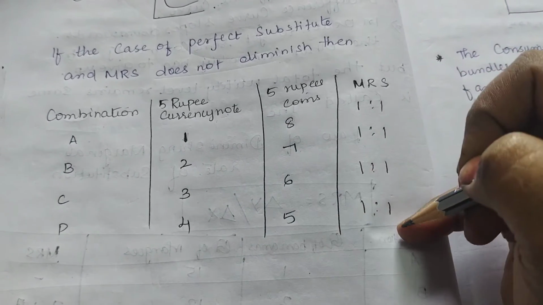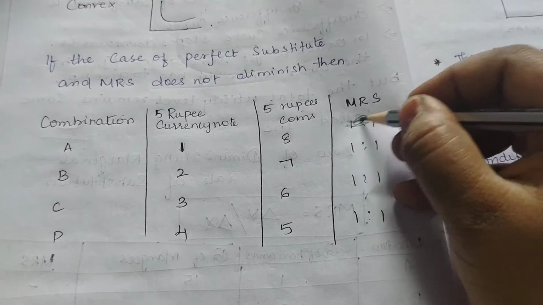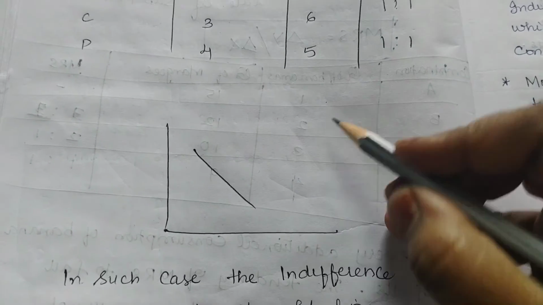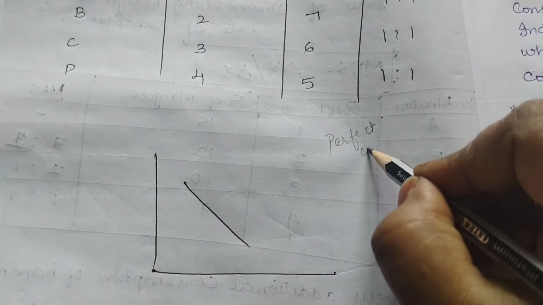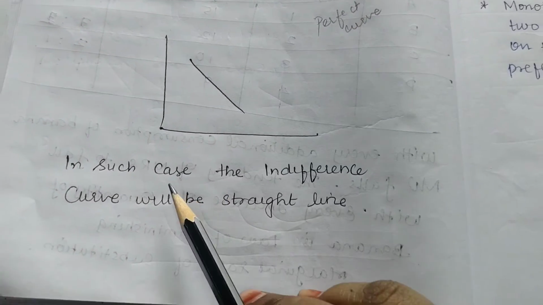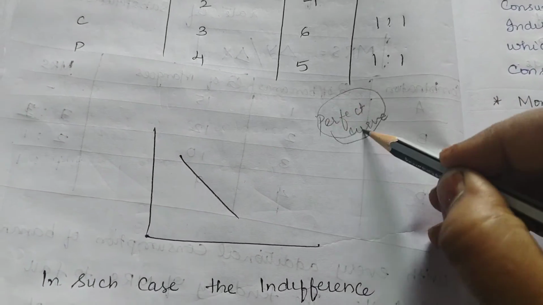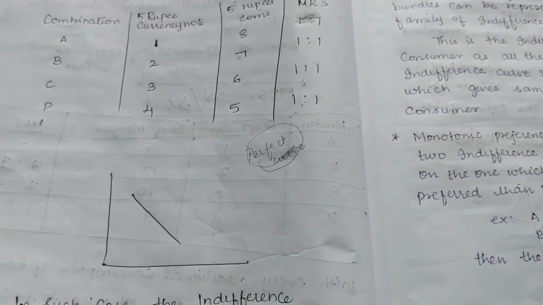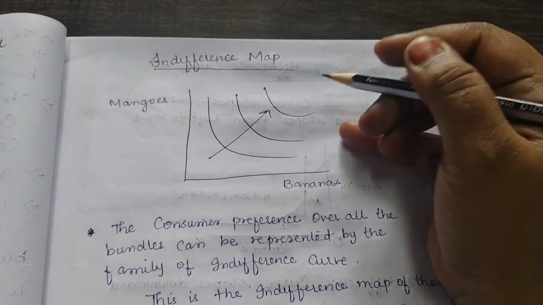So here MRS is the same. It means if we have perfect substitutes, then the indifference curve will remain a straight line. The indifference curve will be a straight line only if we have perfect substitutes. If we don't have perfect substitutes, then the law of diminishing marginal rate of substitution will apply.